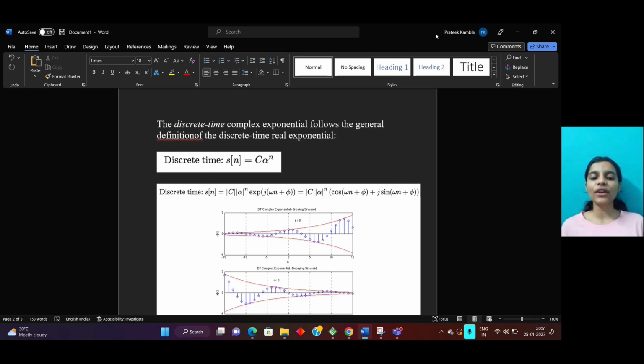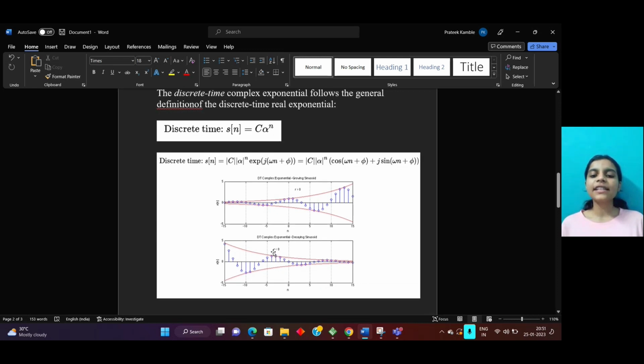For magnitude of A greater than 1, the amplitude of the sinusoidal sequence increases exponentially, and for magnitude of A less than 1, the amplitude of the sinusoidal signal decays exponentially. Like we can see in this figure, R is greater than 0, so the signal is increasing, and here R is less than 0, so the signal is decaying.